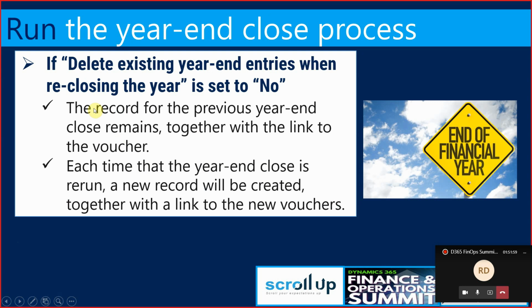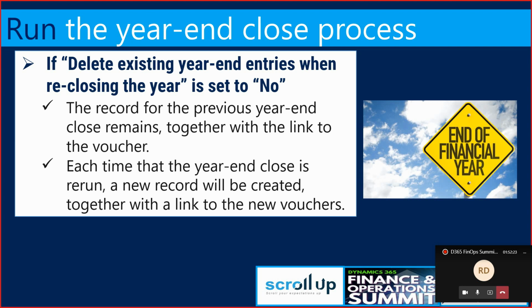If delete existing year-end entries when the close is set to no, the record of the previous year-end close remains together with the link to the voucher, and each time the year-end close is rerun, a new record will be created together with a link to the new voucher. So only the new voucher will be created, only for the amendments that are done, with a line linking to the new voucher.